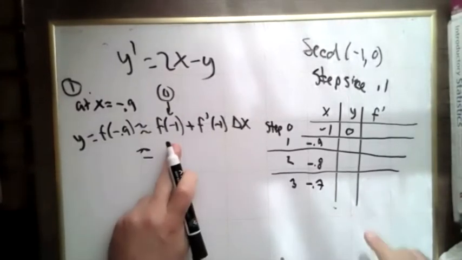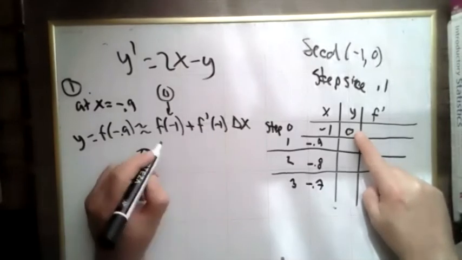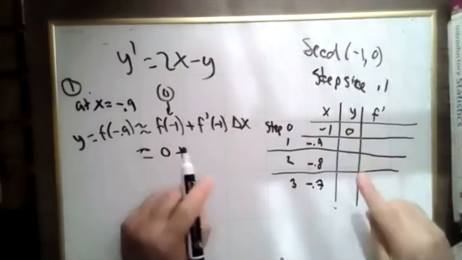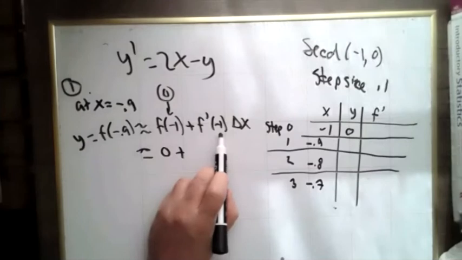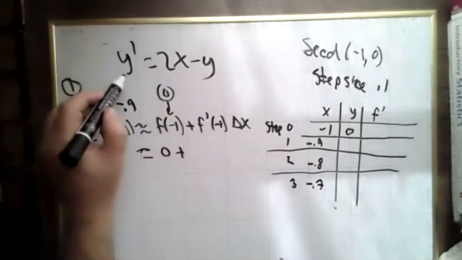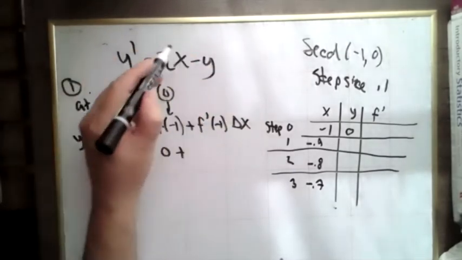I know that last y value was 0. Now I've got to find the derivative at that last y value. So I'm going to do what we were just doing. I'm going to plug -1 in here.